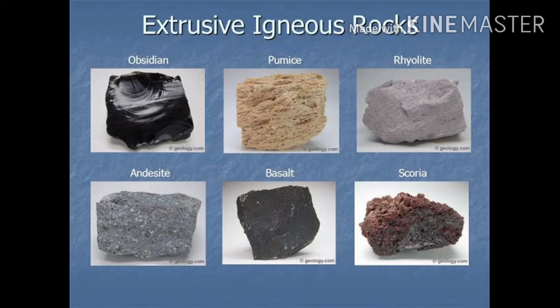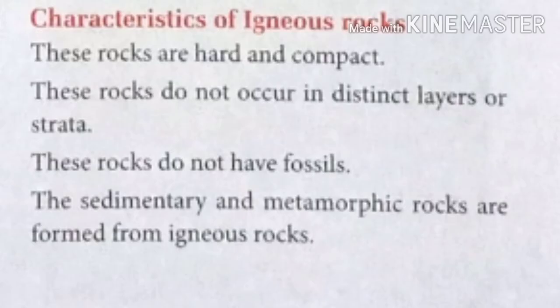Also, characteristics of igneous rocks. So, these rocks are hard and compact. Igneous rocks are very hard and compact. Compact means dense. These rocks do not occur in distinct layer or strata. The rocks do not have layers.